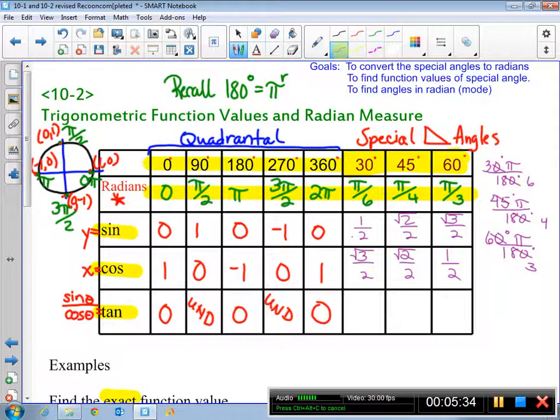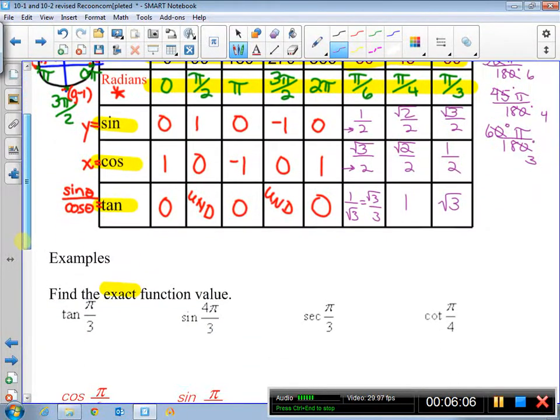Remember, as long as your denominators are the same, you can take the top of the sine over the top of the cosine. So that equals that, which rationalizes. We have radical 2 divided by radical 2 is tan of 45 is 1. Tan of pi over 4 equals 1. And for pi over 3, we have radical 3. So there's a little reminder, a little refresher. Our chart still matters.